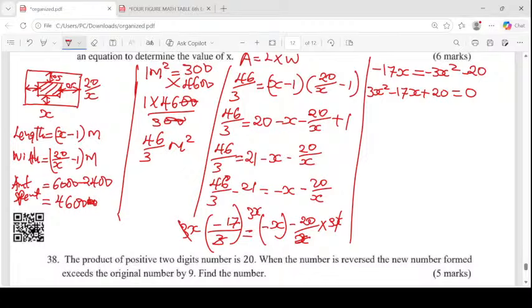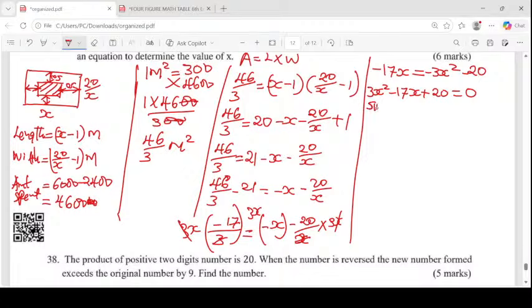I'm looking for two numbers whose sum is negative 17 and the product is 60. What can be these two numbers? Can I get the two numbers? I'm critically thinking. The two numbers, if we think, can be negative 12 and negative 5.